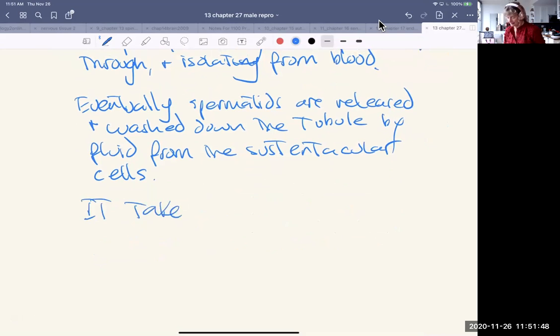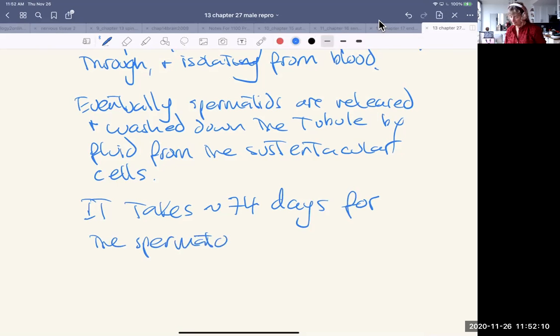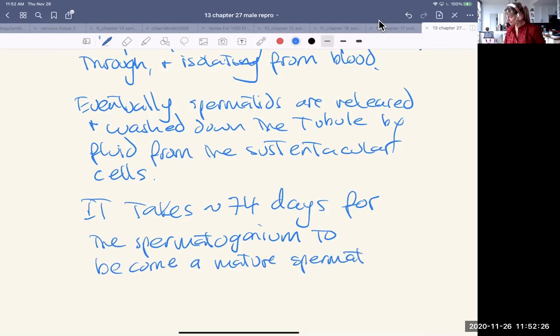So it takes about 74 days for the initial spermatogonium to become a mature spermatozoon. Spermatozoon is singular, spermatozoa is plural.